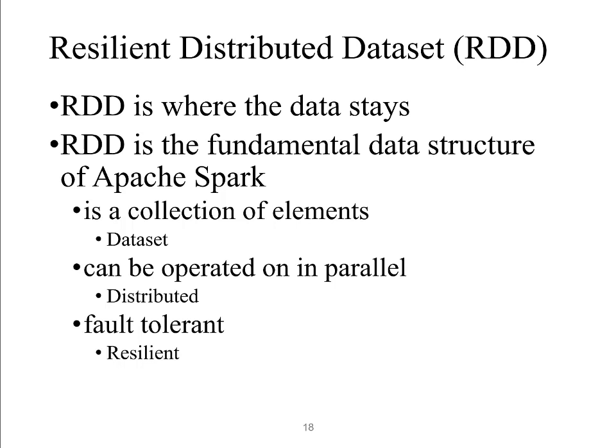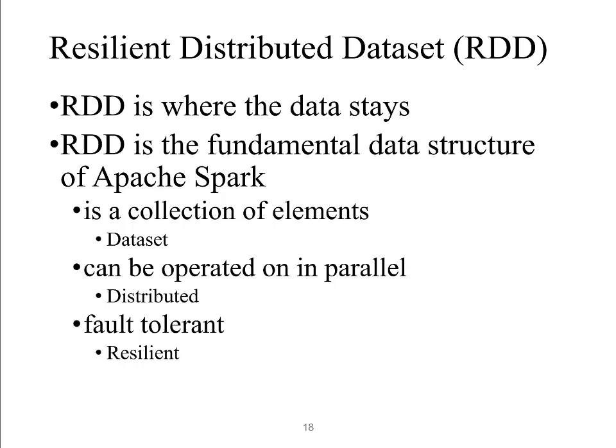It can be a text. It can be a list of text. It can be a map, not the map in MapReduce, but a map like a dictionary. So you have a key value pair and a lot of key value pairs. These are all elements. All right. So the RDD is a collection of elements.